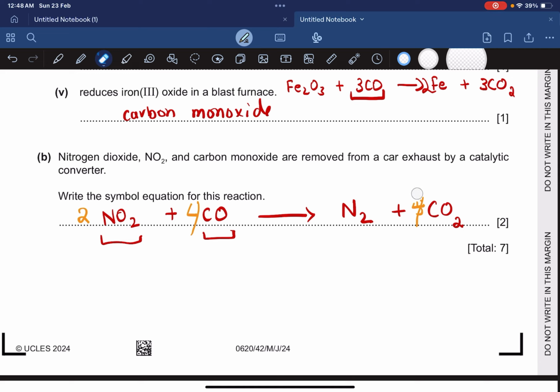Okay, balancing is always tricky and it may take you some time, as it also took me some time, but after some time you're going to figure it out.